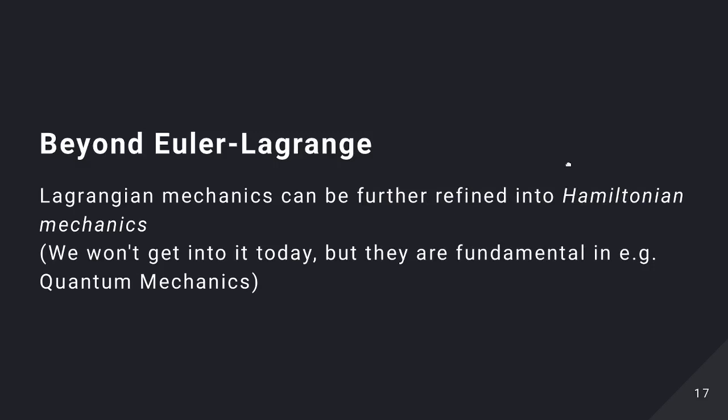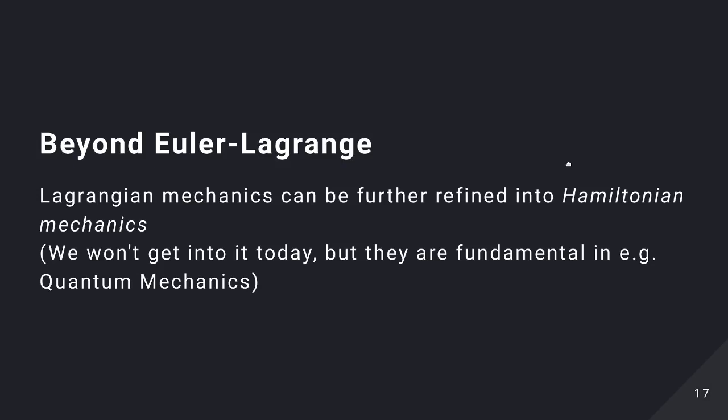As a side note, we won't get into that today, but the chapter does: beyond the Euler-Lagrange equations, you can further refine this into so-called Hamiltonian mechanics, which is just a refinement that can get you easier equations. But the key message here is that Hamiltonian mechanics is very fundamental in quantum mechanics.